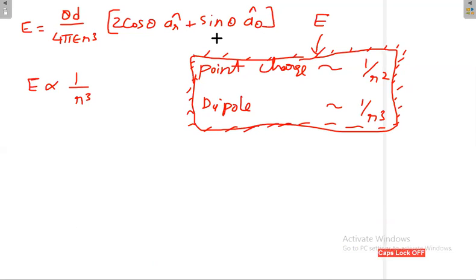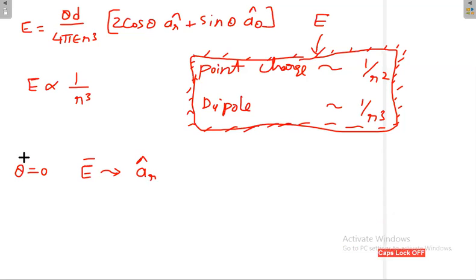Now, what happens when theta is equal to 0? In this equation, if you put theta is equal to 0, cos 0 is 1 and sin 0 is 0, so I am having electric field only in the ar cap direction.